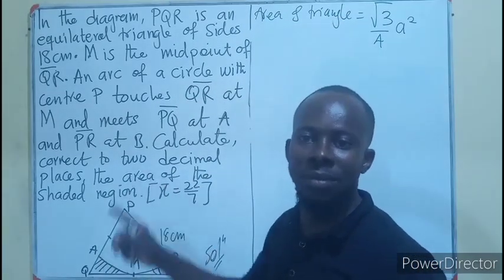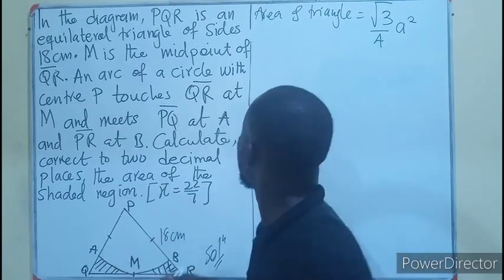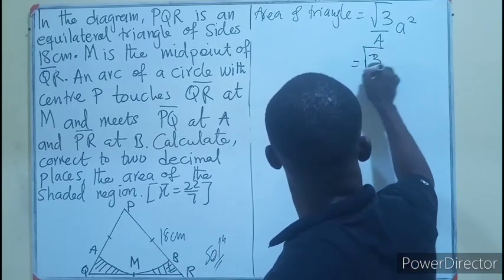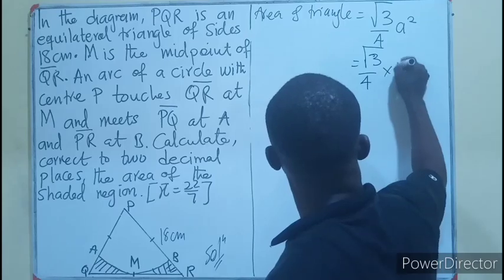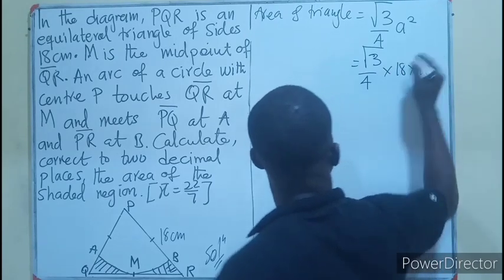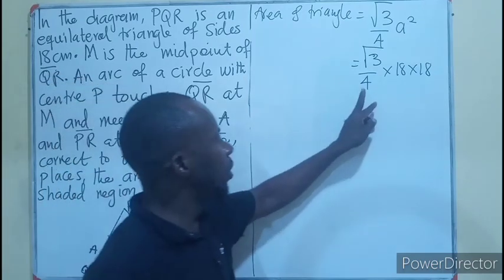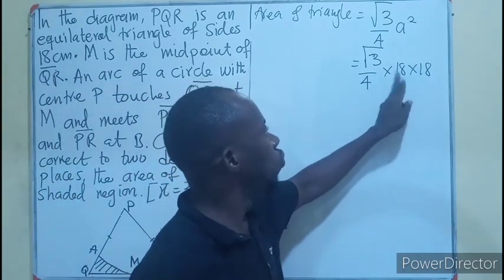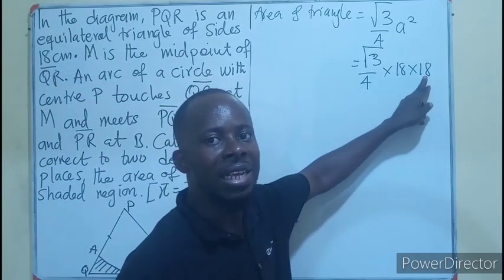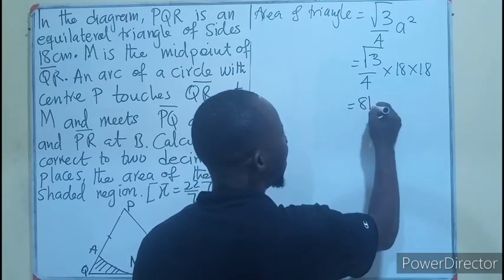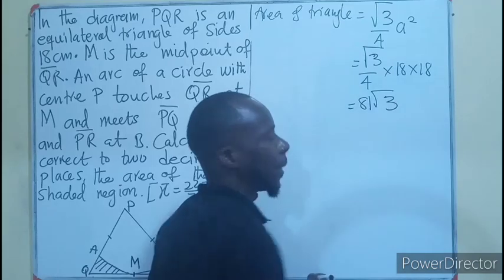All the sides are 18, the same. So that is root 3 over 4 times 18 times 18. 2 times 2 is 4, so 2 will go into 18 giving 9, and 2 will go into the other 18 giving 9. 9 times 9 is 81. So we have 81 root 3.